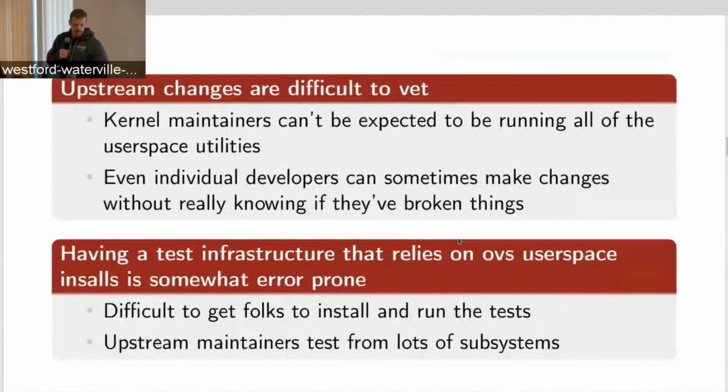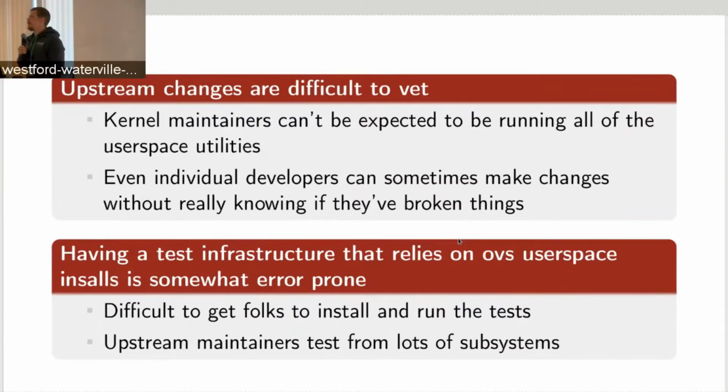The issues are that upstream changes are difficult to vet. We just can't expect kernel maintainers to be downloading and installing OVS, making large deployments, and running all of the user space utilities to make sure every individual action, match, etc. is working correctly.